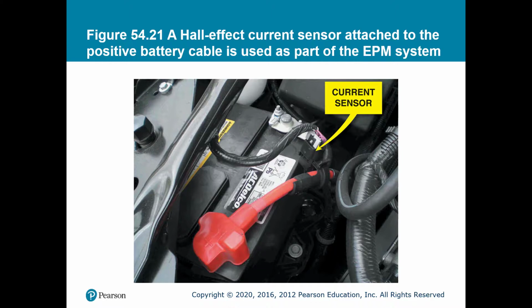So we would once again refer to that as parasitic draw. It's also looking at open circuit voltage or state of charge of the battery. If the computer has these two data points, then it can effectively charge the battery and perform all of its other duties as well.